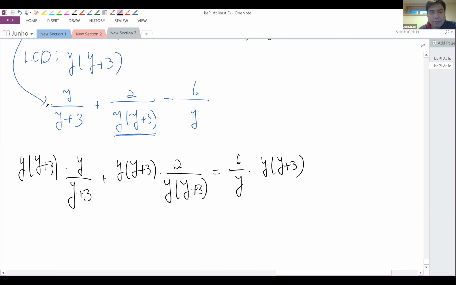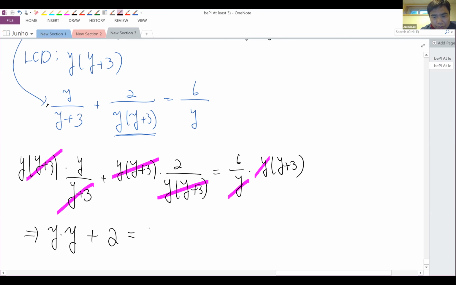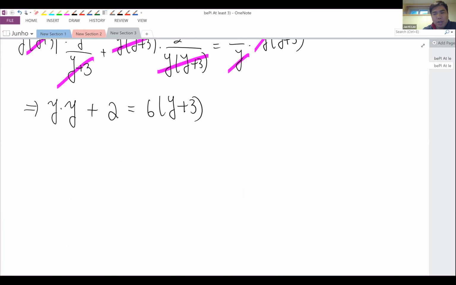I'm showing all these steps anyway. So y plus 3 is gone, y plus 3 is gone, and y and y is gone. Then this becomes y times y plus 2 equals 6 times y plus 3 here. And now you know what y times y means, right?